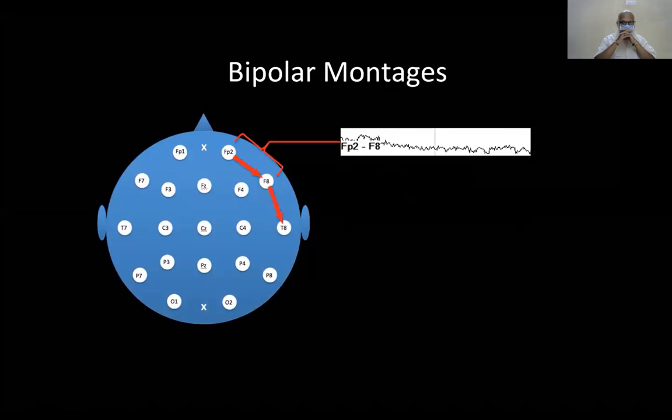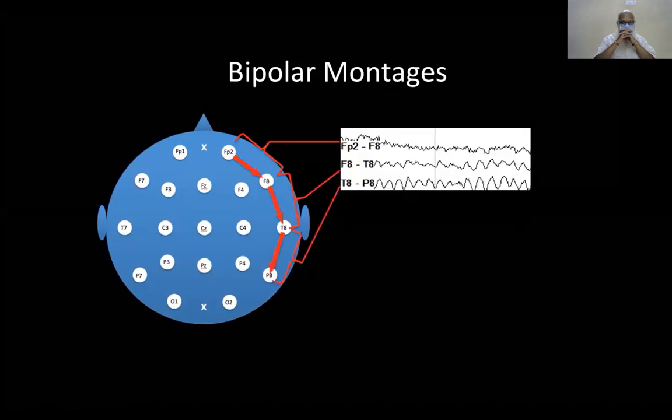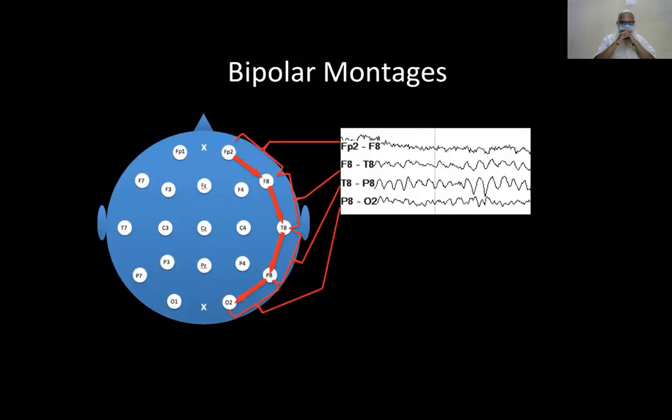Next, we move posteriorly and look at the difference between F8 and T8 and display this as a different channel. We continue to move posteriorly, and we have a string of recordings from the front of the head to the back that are linked together. This string of recordings is called a chain. In this case, this is the right temporal chain.